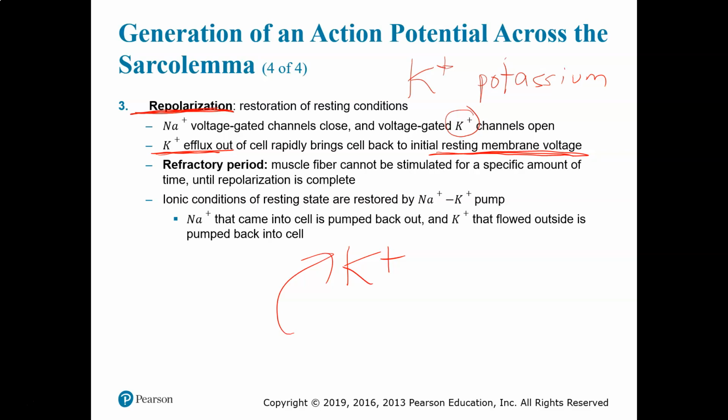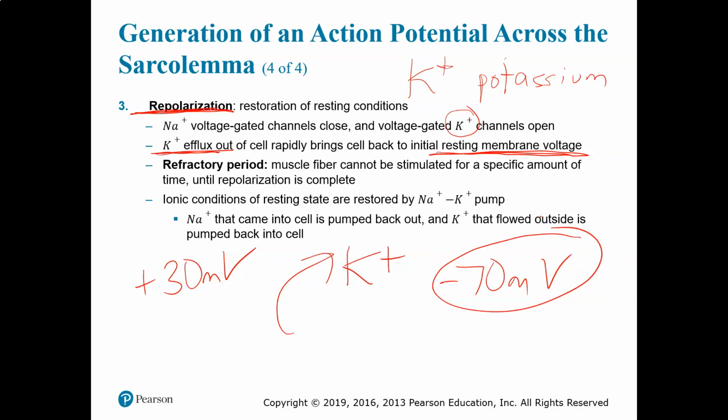And that will trigger potassium channels to open and sodium channels to close. And now that we're at positive 30 millivolts, now that we have positive ions leaving the cell, it's going to become less positive. So it's going to go back eventually to that -70 millivolts, which is our resting membrane potential.